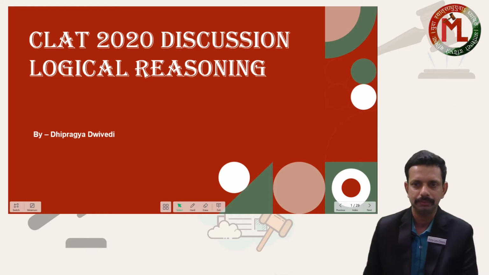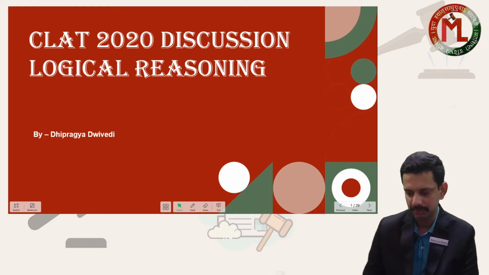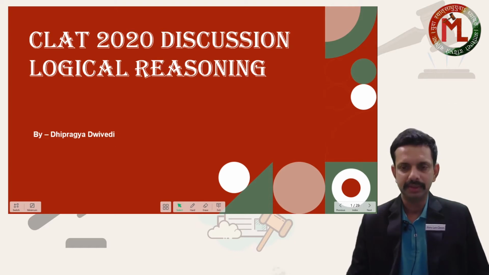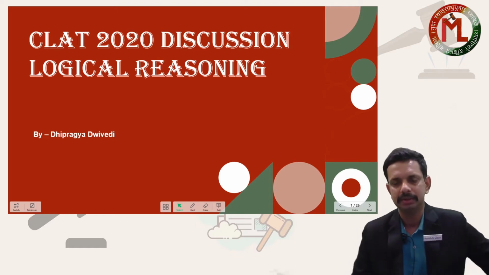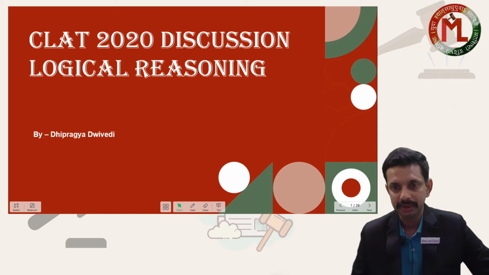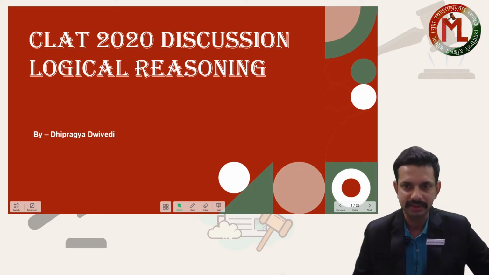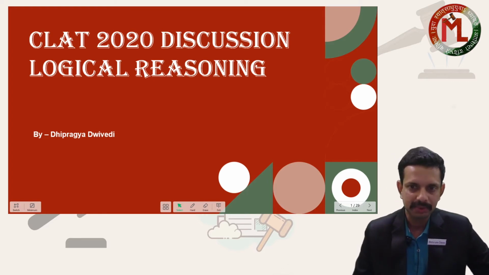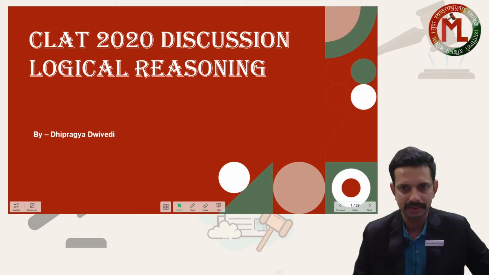As you know, this portion is one of the most important portions of your syllabus. The weightage for almost every section is almost equal, but the importance of this section has increased, since now you're testing not only your basic reasoning ability, but also your comprehension abilities.